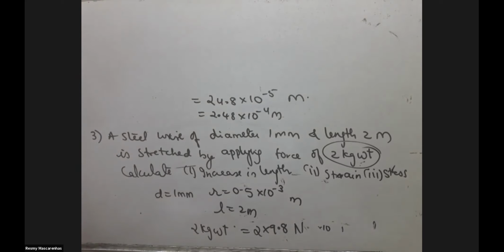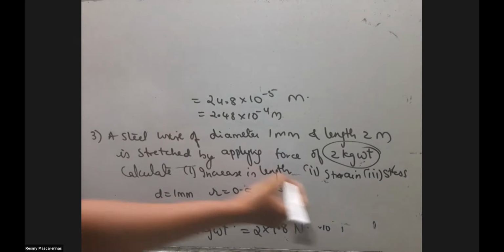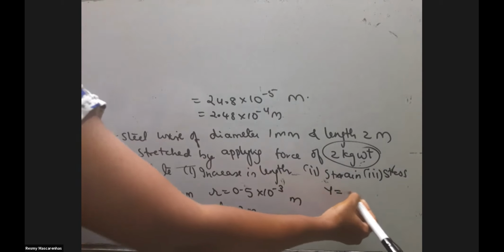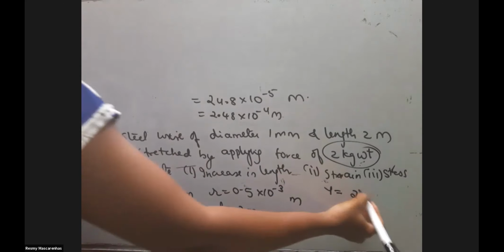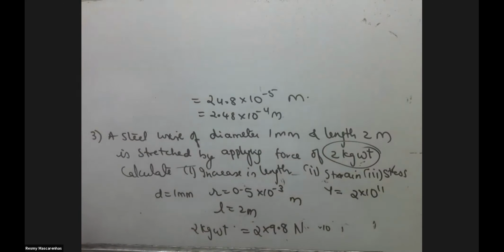You take the formula and substitute. Young's modulus given in the bracket, Y is 2 into 10 raised to 11. First one, increase in the length, then the strain, and then the stress.